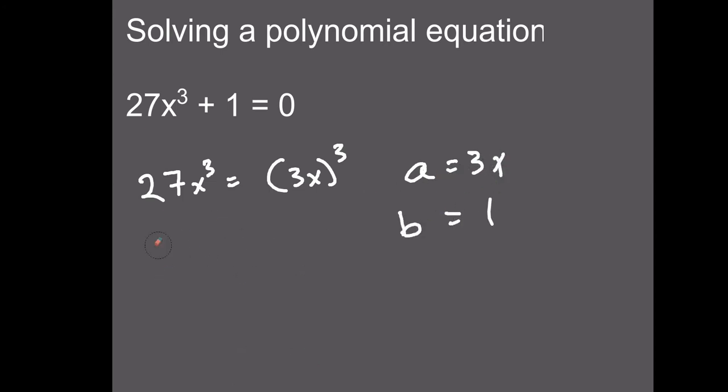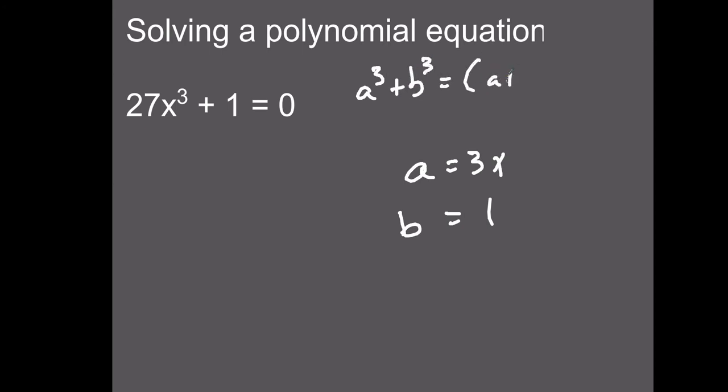Alright, now we have a sum of cubes, and the formula for that was a cubed plus b cubed is equal to a plus b times a squared minus ab plus b squared.